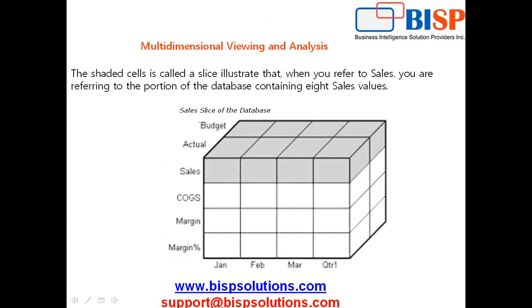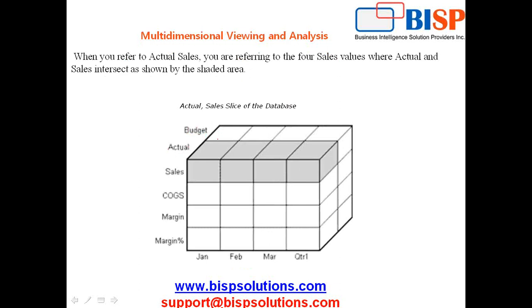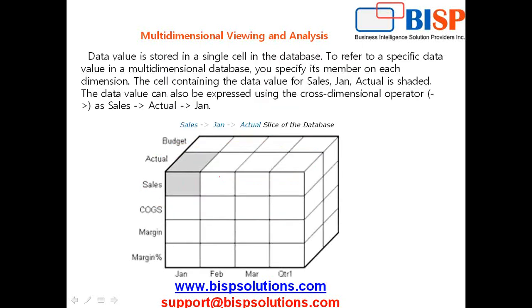I can gray out the box, one part of the box I marked with a gray color, which demonstrates we are focusing on one part of the cube. It's the total sales for actual versus budget. I could further gray out one intersection for total actual sales for all 3 months. I could even focus on one specific element of your multidimensional database like January actual sales.